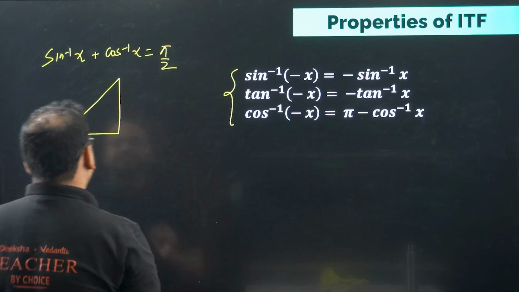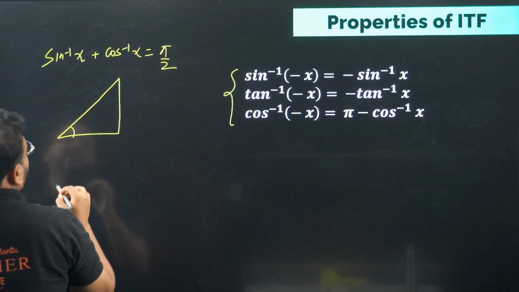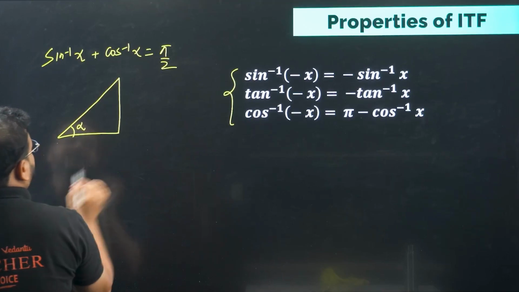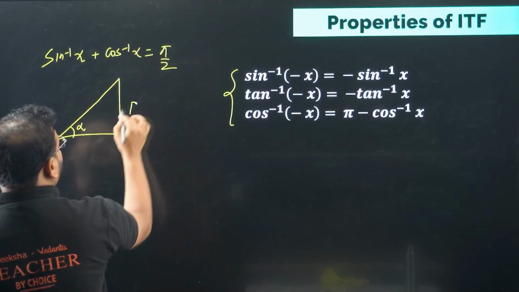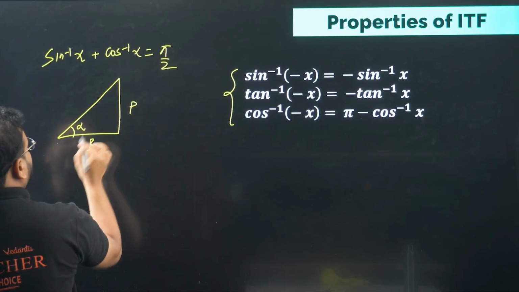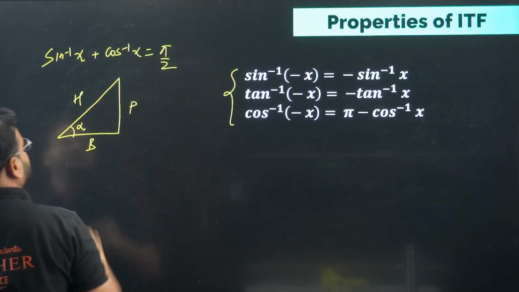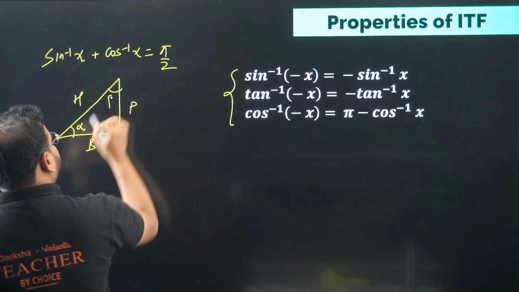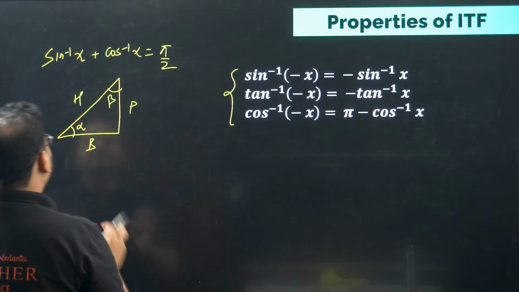Please check. Let's say this is my value, some angle alpha. This is my right triangle, let's call the sides perpendicular, base and hypotenuse. Let's call the other angle beta.